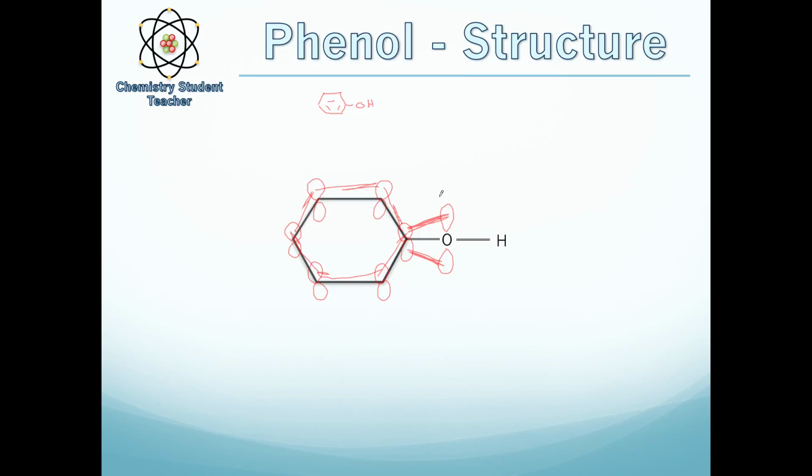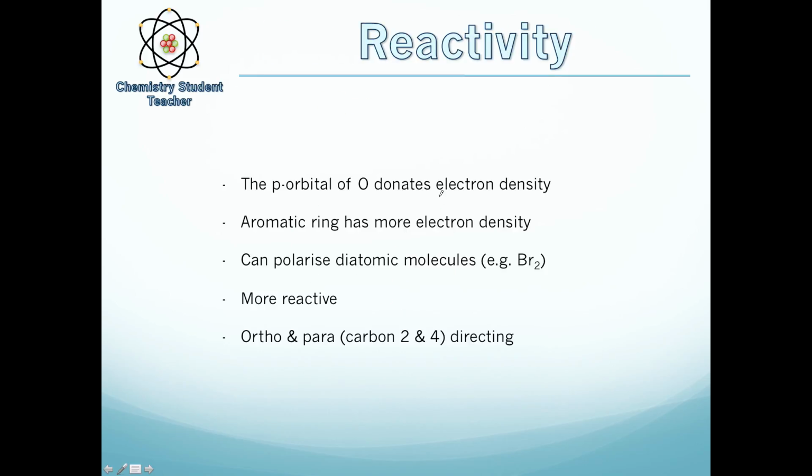Now what is the result of this? Well, because the p orbital from oxygen donates electron density, the aromatic ring in the center actually has more electron density than its benzene counterpart. This means when molecules, diatomic molecules such as bromine, come close, they can be polarized.